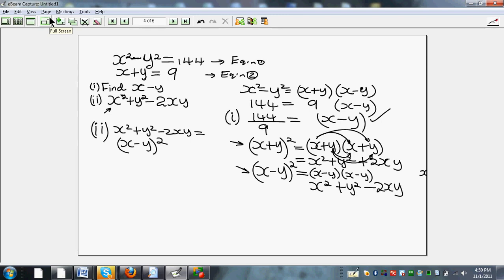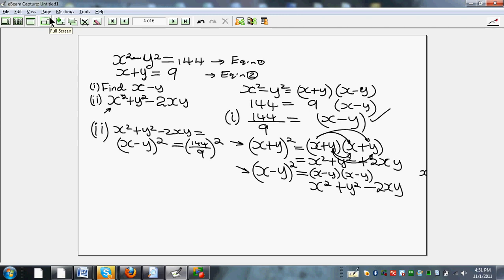Here's why. Because in the previous question, they asked me to find x minus y. And x minus y we found to be 144 over 9. So x minus y squared will simply be 144 over 9 squared. Because x minus y is 144 over 9. So if you want to find x minus y squared, that's 144 over 9 squared.